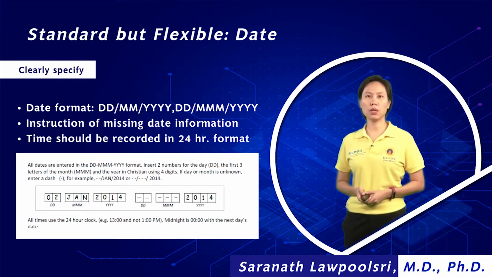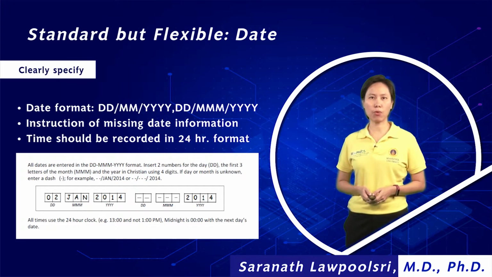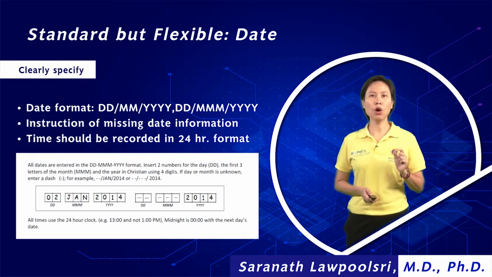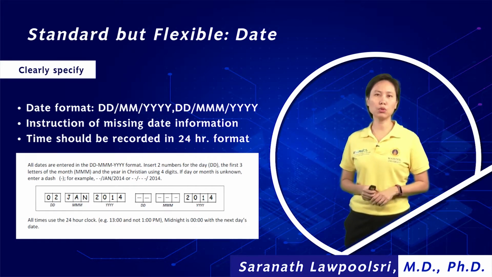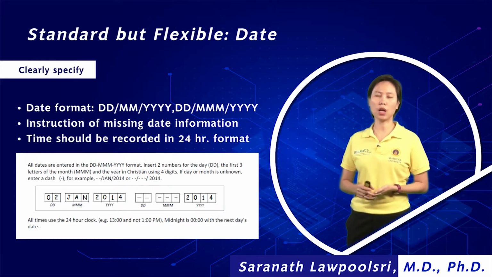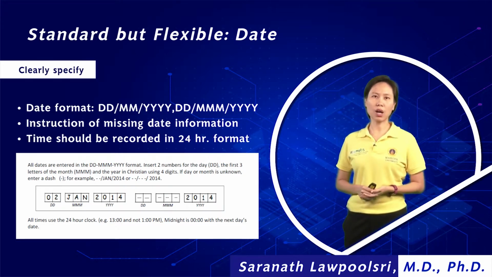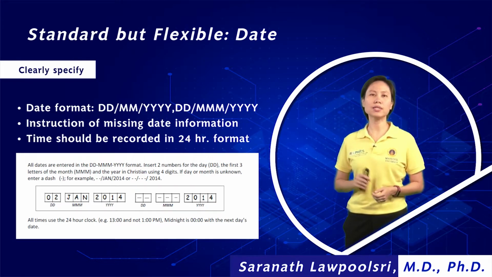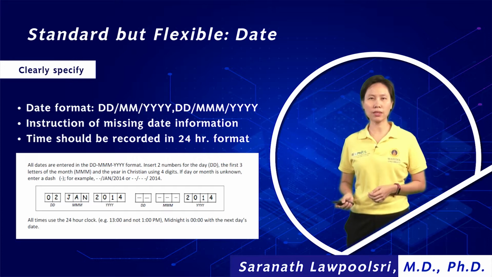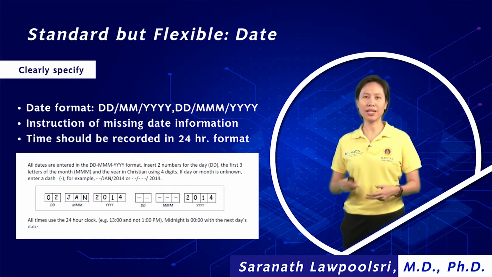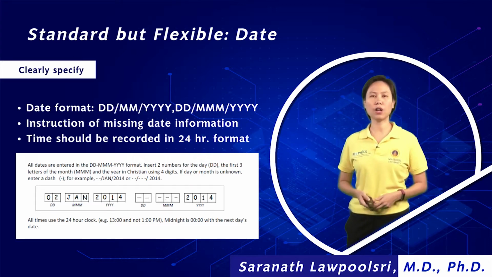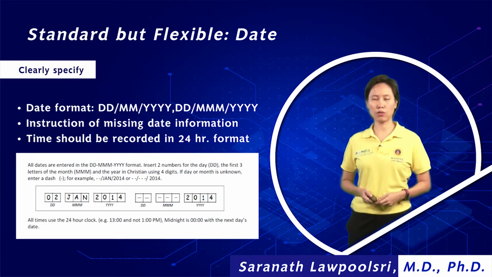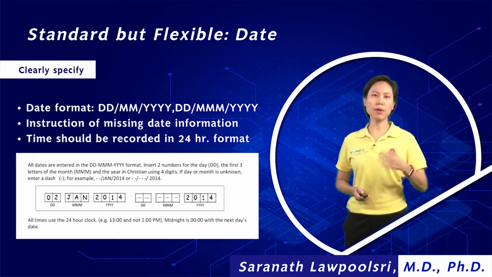This helps with misunderstanding of the date format. And for the time, sometimes you need to collect the time that the patient received the drugs. The recommendation is that the time should be written in 24-hour format, not AM, PM, because the figures for AM and PM would be duplicated.